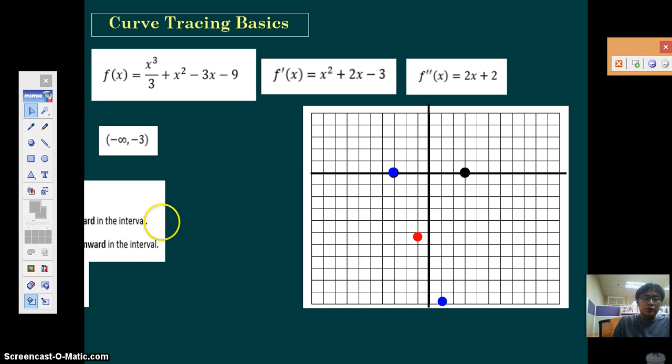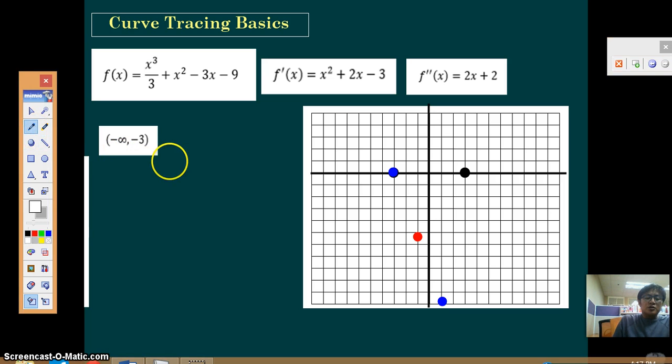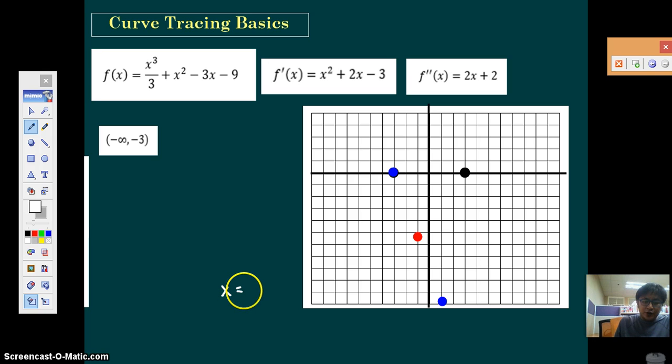Now, we have to test the interval negative infinity to negative 3. Obviously, we try the value x equal to negative 4. It is in that interval. Substituting negative 4 into the first derivative, what is f prime of negative 4? It would be negative 4 squared, that's 16, minus 8, minus 3. So that's 16 minus 11, and it is equal to 5. So f prime of negative 4 is 5, and the first derivative is positive. That means the function is increasing in this interval.